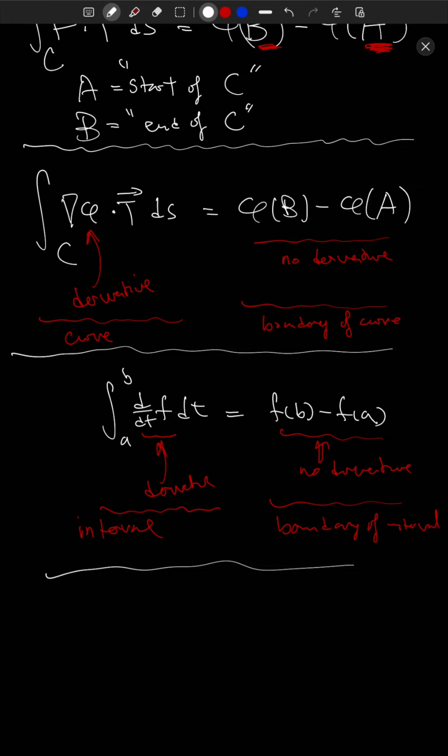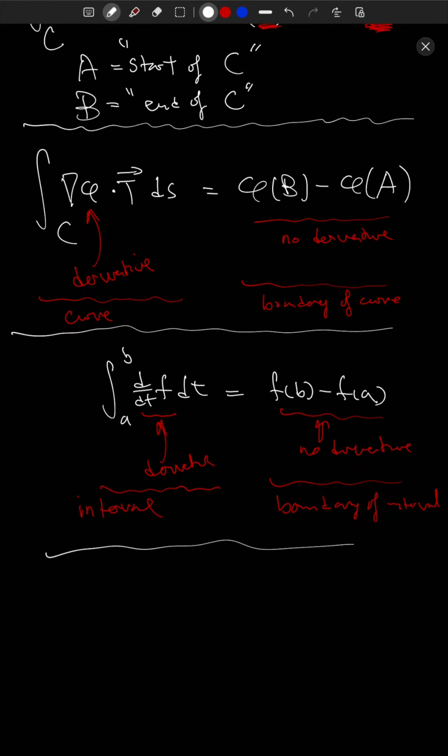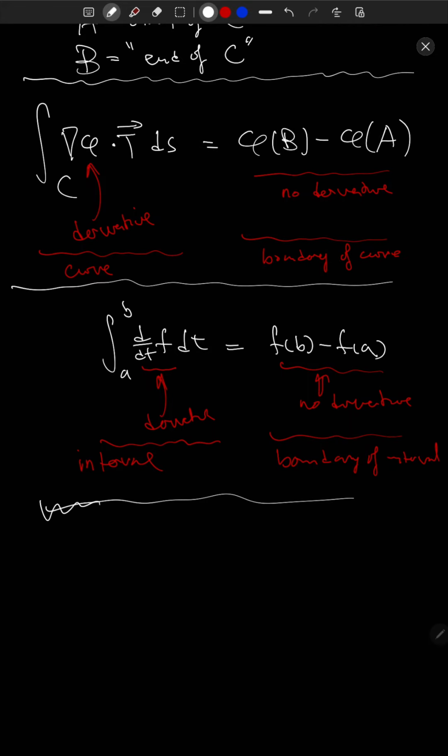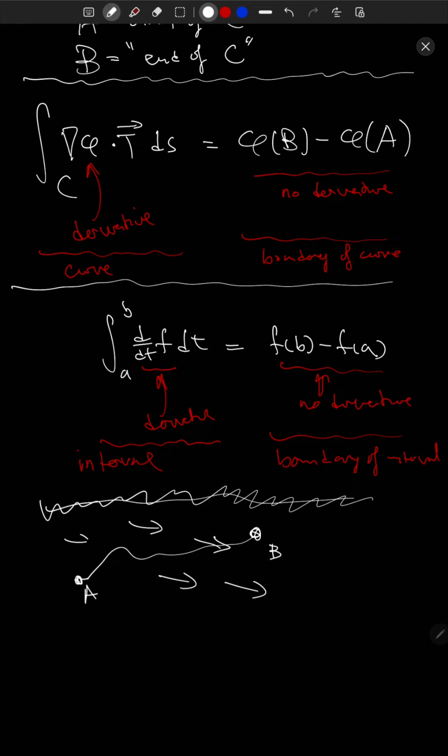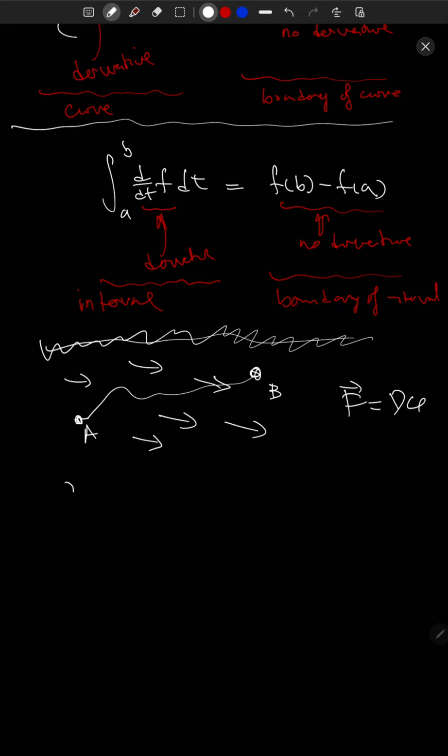All right, this is great, because it means that if I have a conservative vector field, I can do line integrals really easily. If I have a conservative vector field and I want to calculate the work done from A to B by that vector field, as I travel from A to B, and let's say F is equal to gradient phi, then instantly I know the answer.